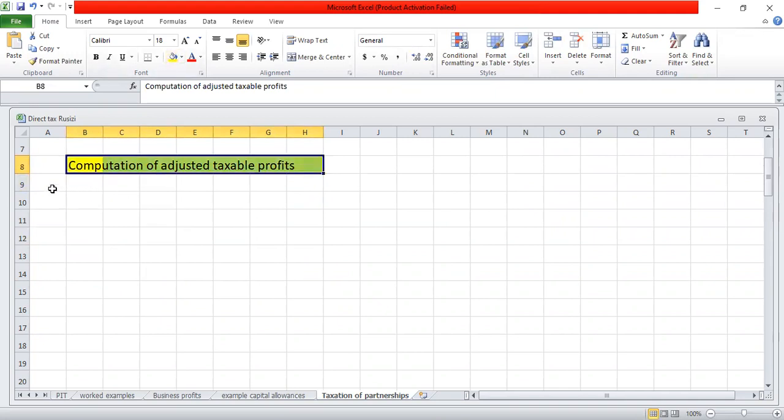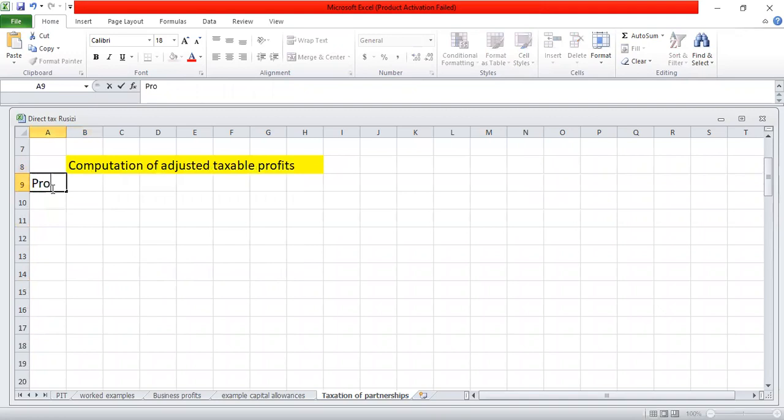When we are adjusting, we begin with the profit before tax. That's the starting point, depending on the question you are answering. Then on the profit before tax, we add back non-allowable expenses.